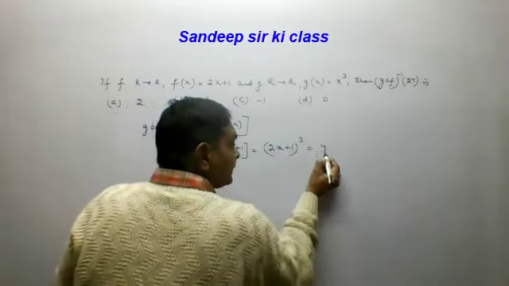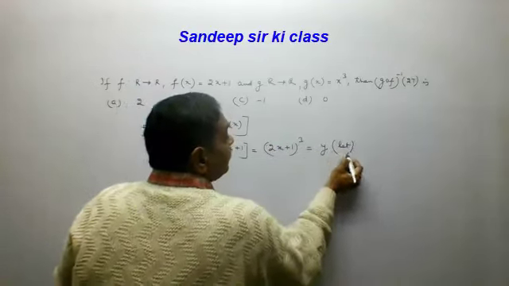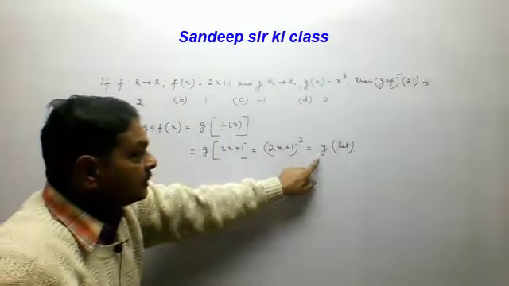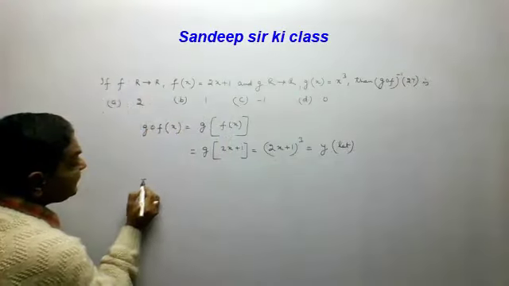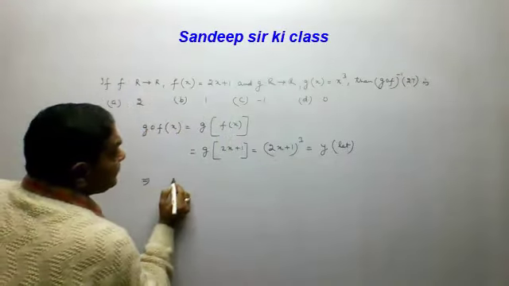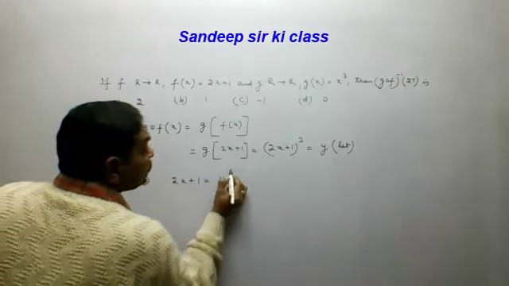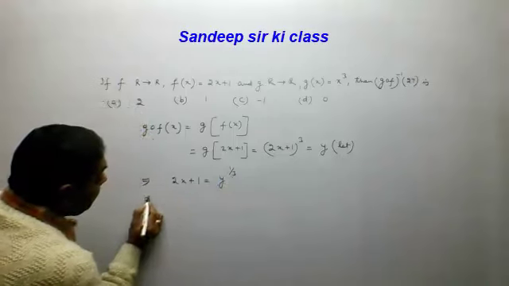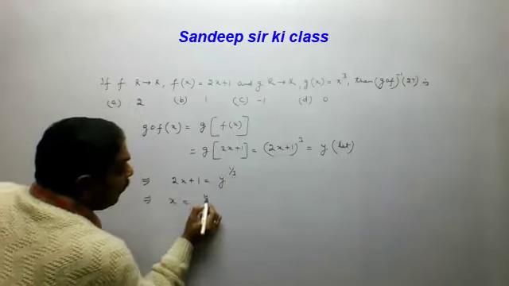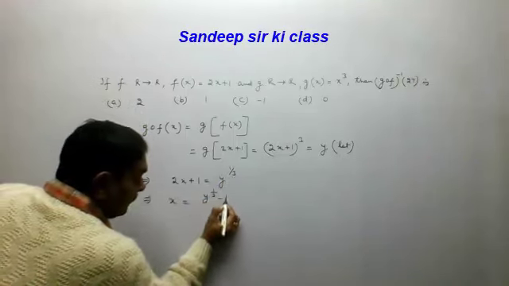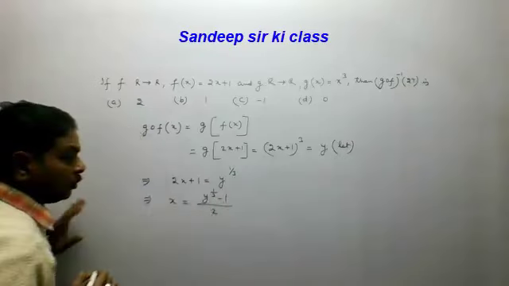Now let this is equal to y. Let this is equal to y means this implies 2x plus 1 is equal to y raised to the power 1 upon 3, means x is equal to (y to the power 1 upon 3 minus 1) upon 2.